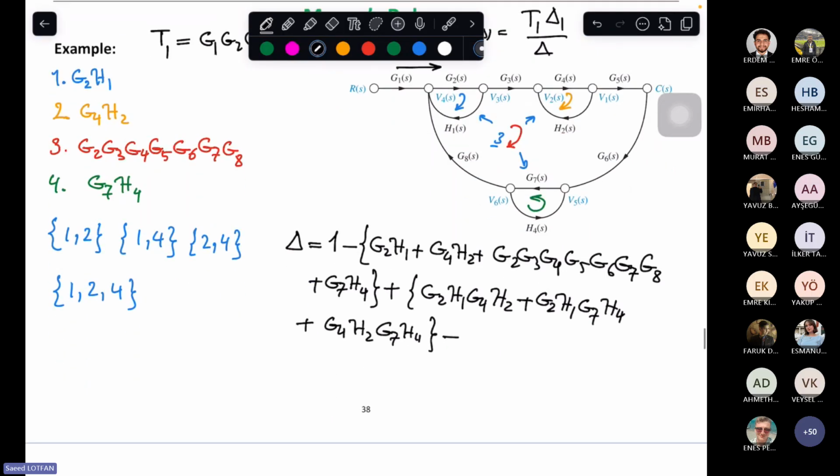And then we subtract the subset taken 3, that is 1 to 4: G2H1, G4H2, G7H4. Plus taken 4: there is no taken 4, so nothing. Okay? So this is the definition of delta.